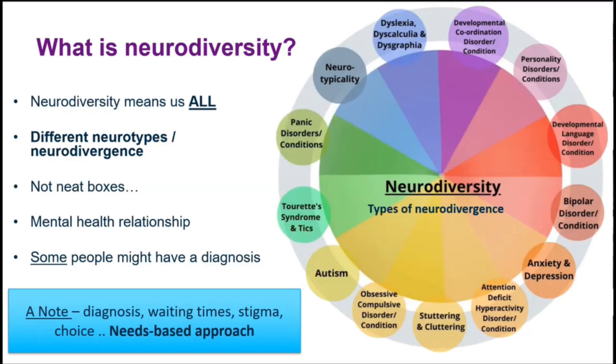But especially at the moment where we have huge waiting times for diagnosis, we can expect that individuals might not all have a formal diagnosis. And this is where a real push towards needs-based support, needs-based supervision, and needs-based disability provision within higher education and schools and employment, etc., all becomes particularly important.